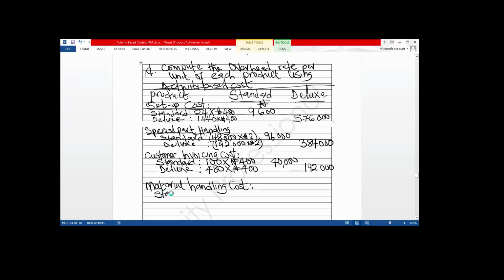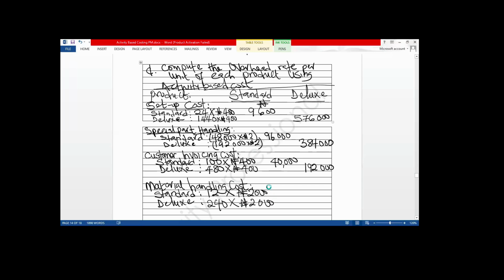I have standard, I have 12 batches. Dealers, I have 240 batches. And the rate is 2,000 naira per batch.